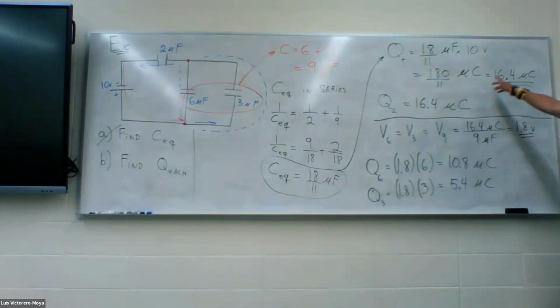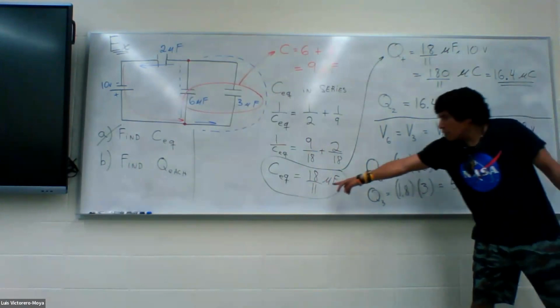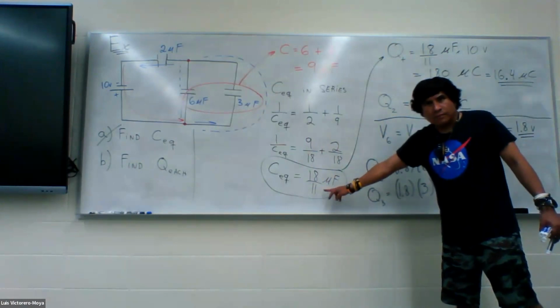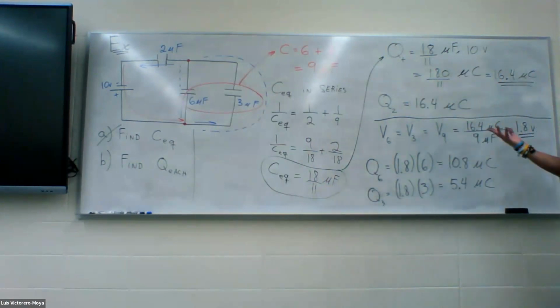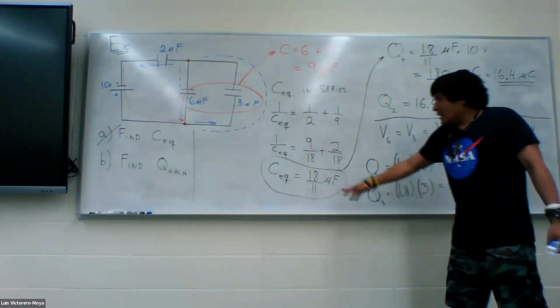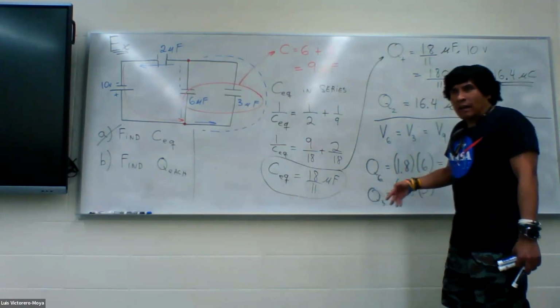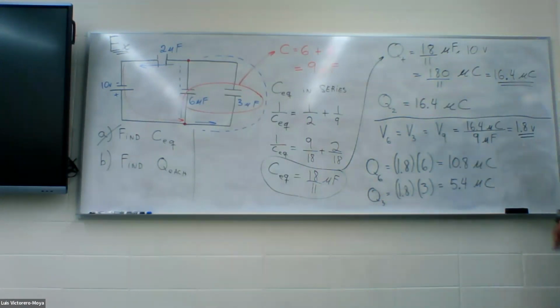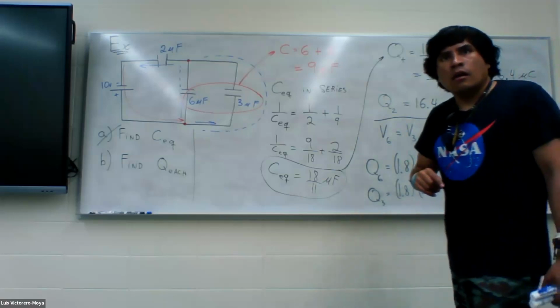Remember, these numbers are all because of this. That's an infinite rational number, it has infinite decimals. But that's how you split the charge and the voltage in the circuit given there.